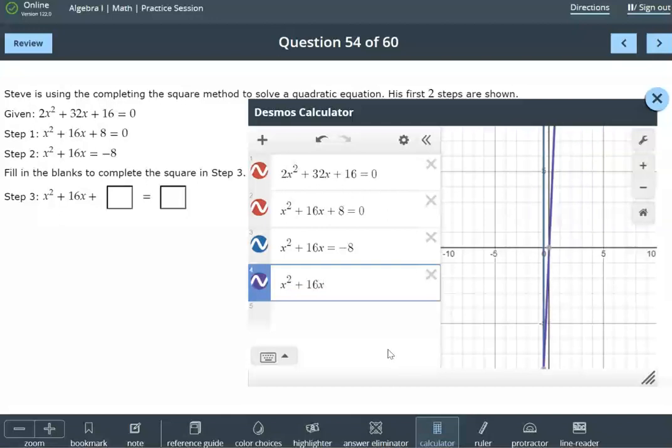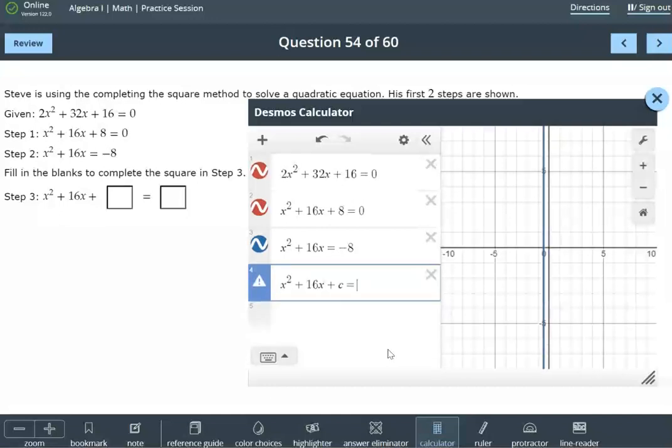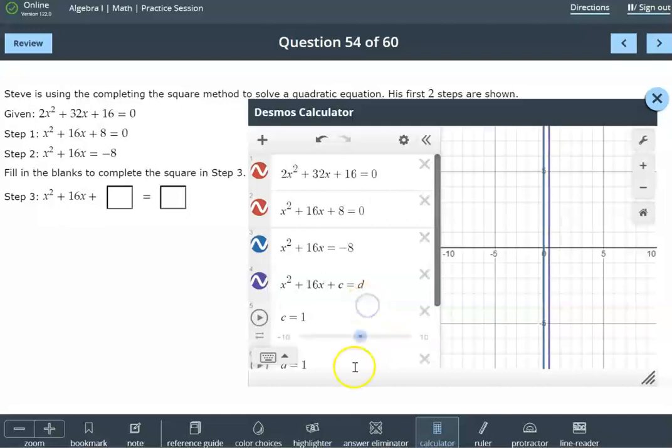And then plus, I don't know what this is, so let's call it C. And then on the other side of the equation, I don't know what that is either. I'll just call it D. Any 2 letters will work, but they're not the same necessarily. You do add the same thing to both sides, but you're not going to get the same on both sides. All right, let's go ahead and click all.